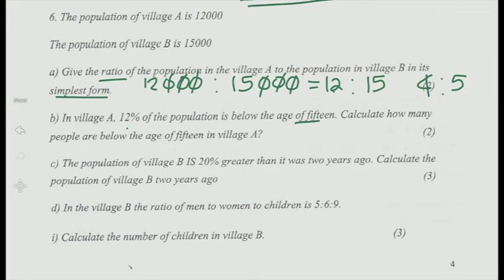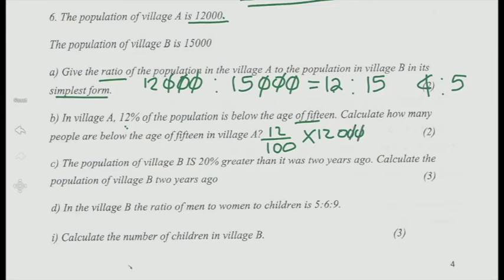Calculate how many people are below the age of 15 in village A. So 12%, 12 over 100, times the population in village A, which is 12,000. So 12% of this population is below the age of 15.